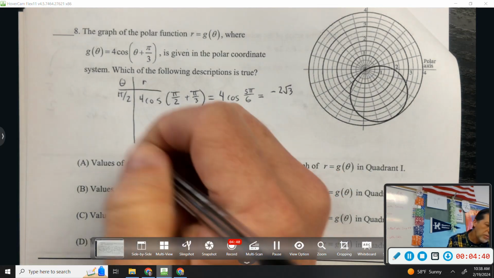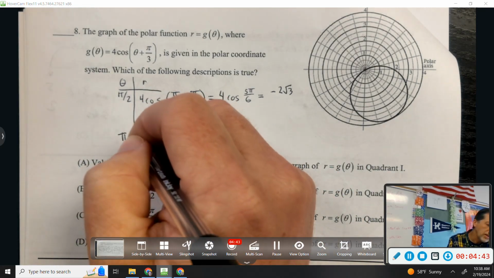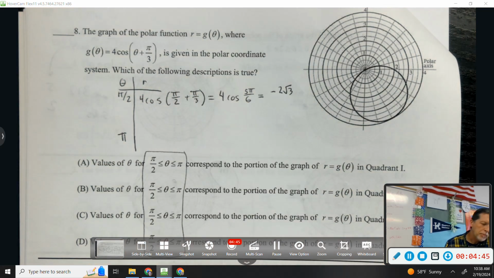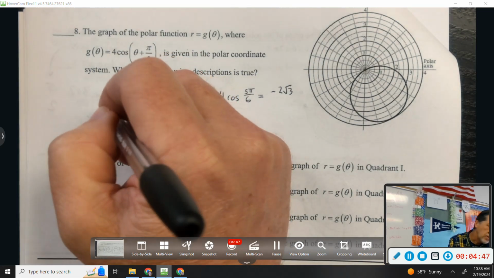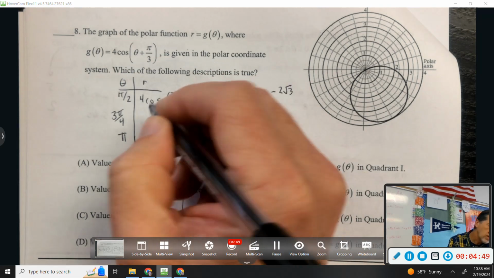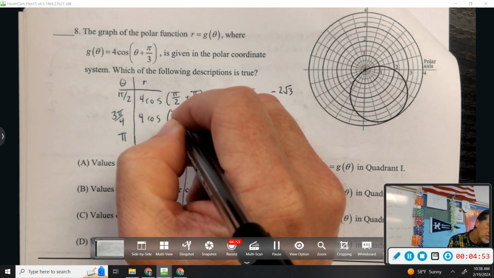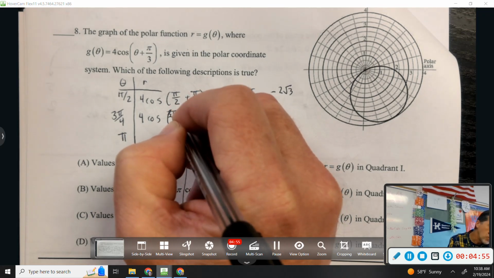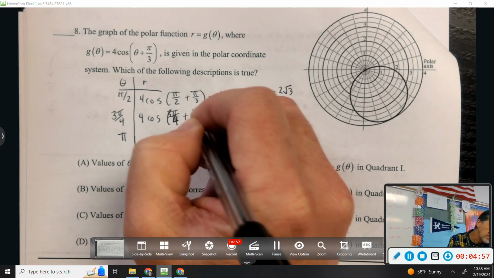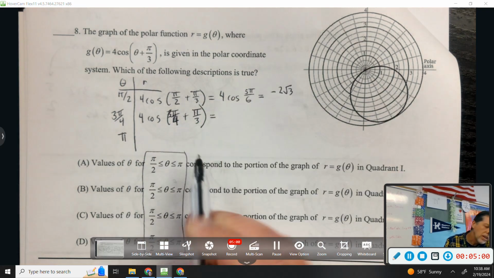If I plug in pi, you know what? I probably need to plug in something between pi over 2 and pi. So that'd be like 3 pi over 4. 4 cosine of 3 pi over 4 plus pi over 3. Ugh, this is getting yucky here.